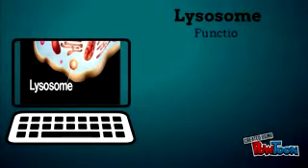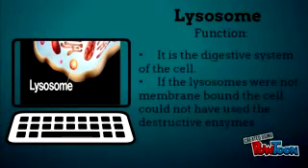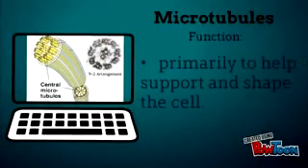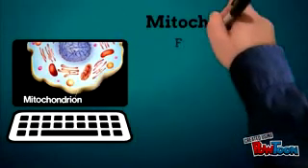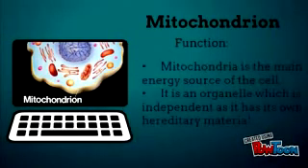Lysosomes are enzyme sacs that digest cellular waste. Microtubules are hollow rods that function primarily to give support and shape to the cell. Mitochondria, the site for cellular respiration and producers of energy.